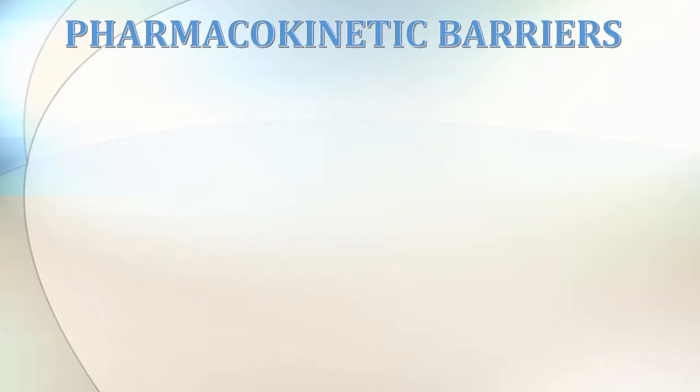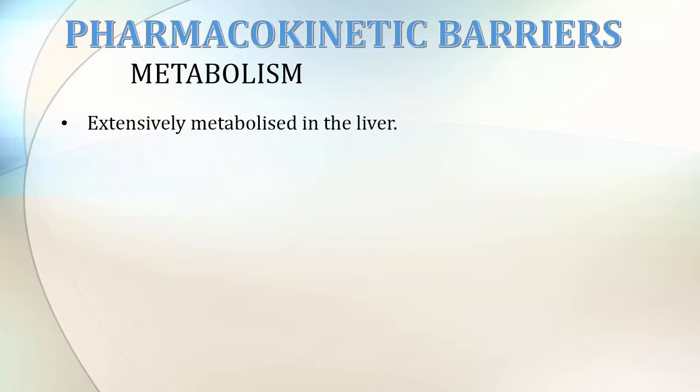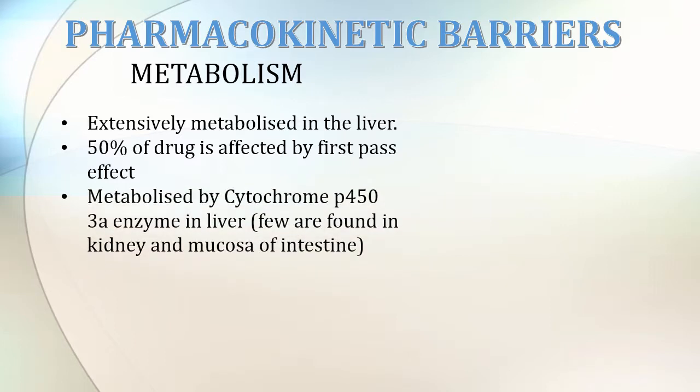Another pharmacokinetic barrier that cyclosporin A faces is metabolism. Cyclosporin A is extensively metabolized in the liver, with as much as 50% of the newly absorbed oral dose being extracted during its first cycle through the liver, which is called the first pass effect. The main enzyme involved in cyclosporin metabolism is the cytochrome P450-3A enzyme.